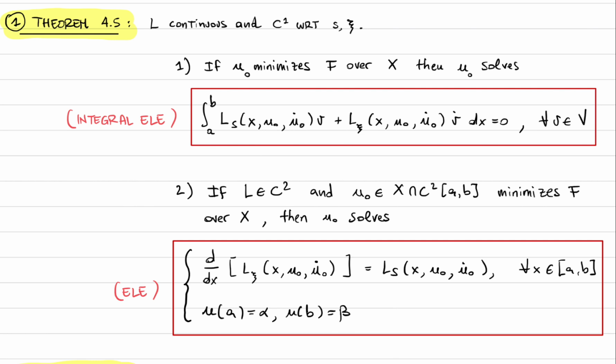So this is a classical ODE, remember, and it holds pointwise for all x in (a,b). And of course you have the boundary conditions, which are coming from the fact that u0 belongs to X.